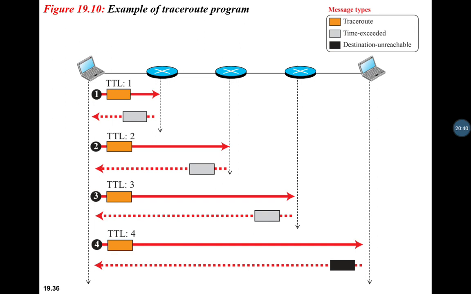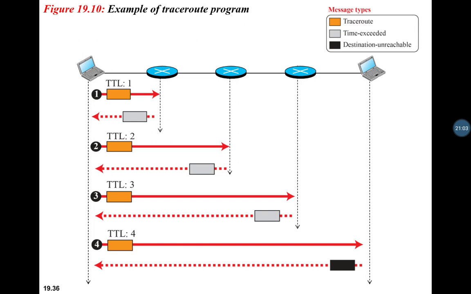Here let us see this example figure. Here what happens? The trace route message is sent with the TTL value 1. This is how the process works in the trace route program. By keeping the TTL value as 1 in the datagram, an error message will be sent.